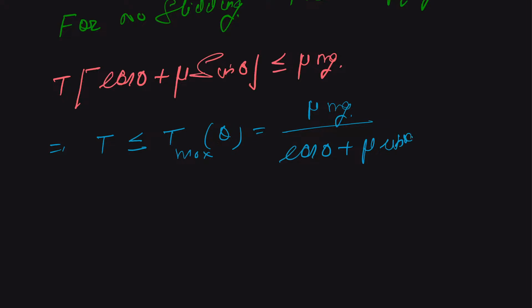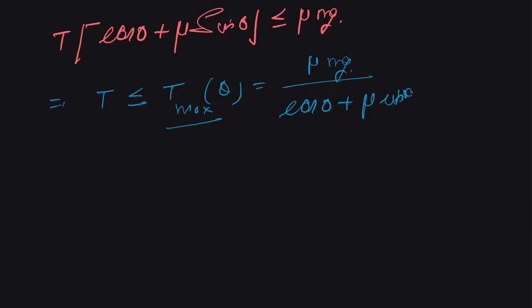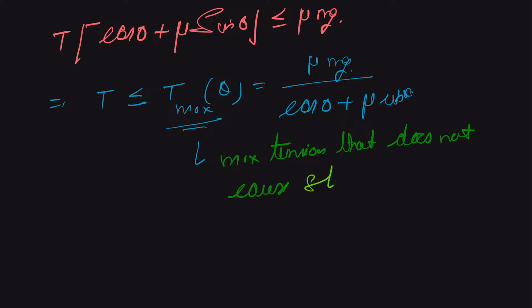We have to remember that this T max θ is the maximum tension that does not cause sliding. And this was our B part.